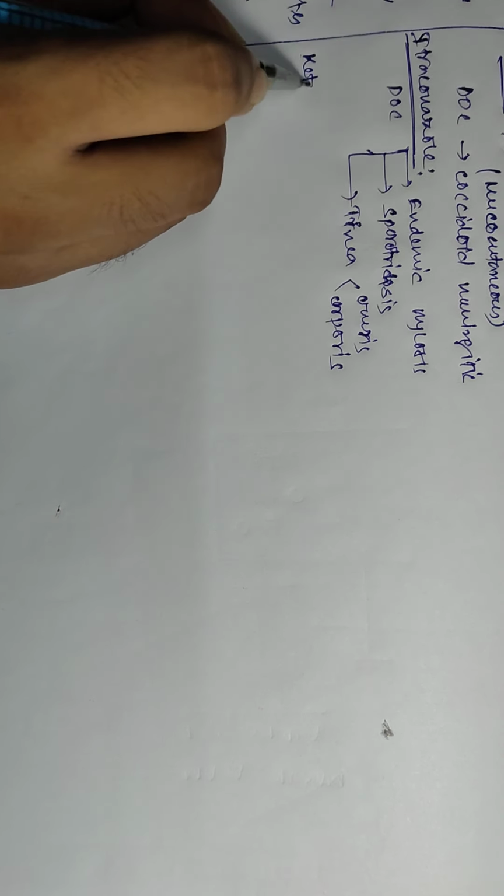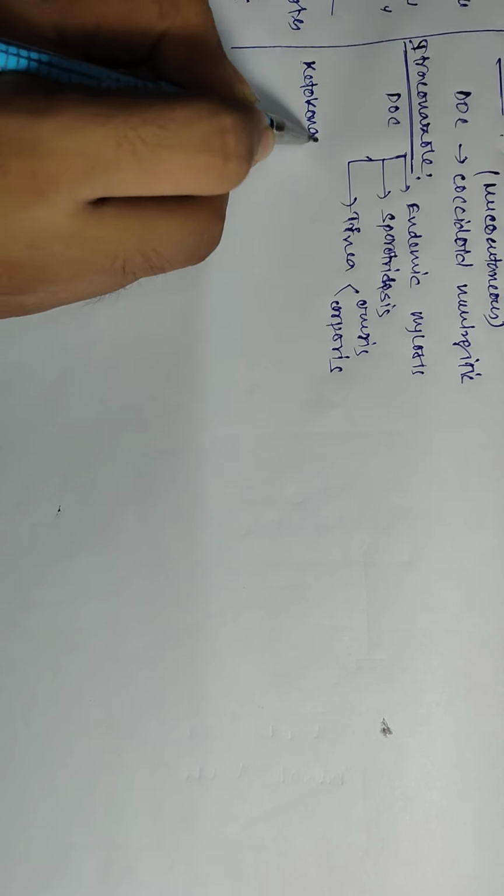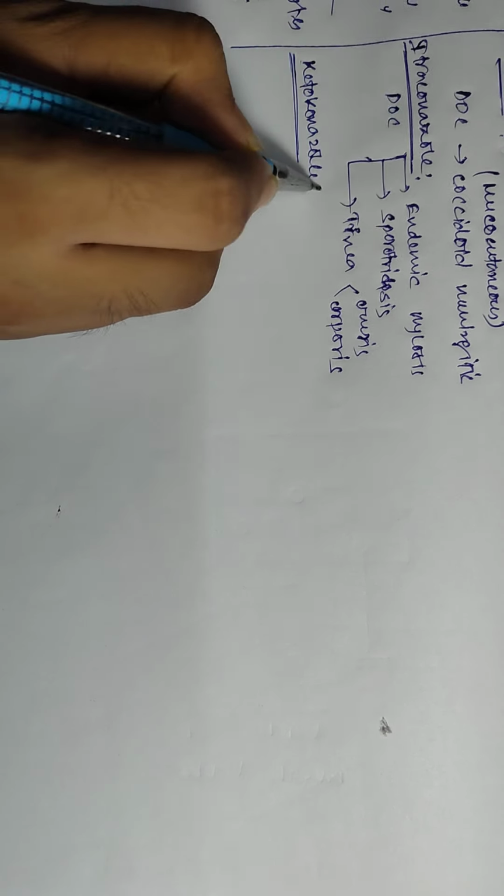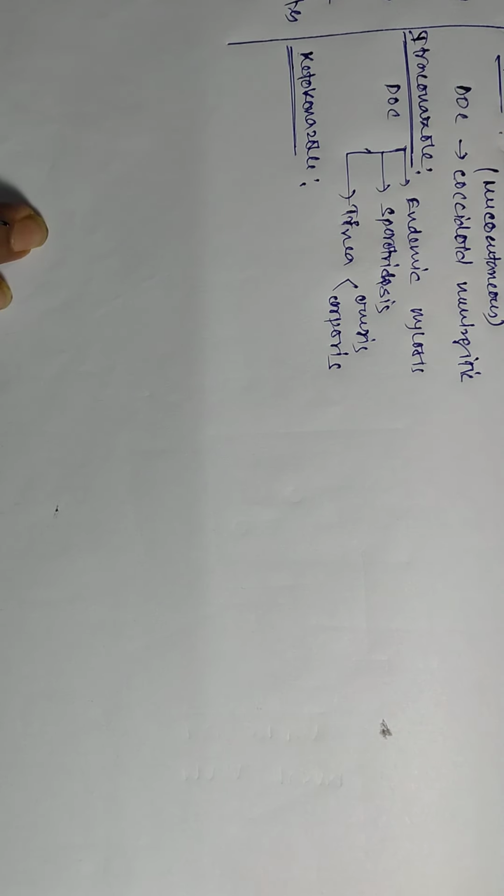Okay. Now the next is ketoconazole. As I said, ketoconazole is not normally used because of its toxicity, but we can use it in case of Cushing disease, because it blocks the steroid synthesis, right? Now next is voriconazole.